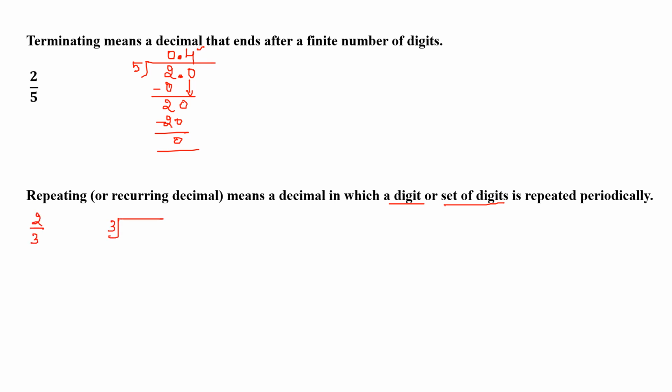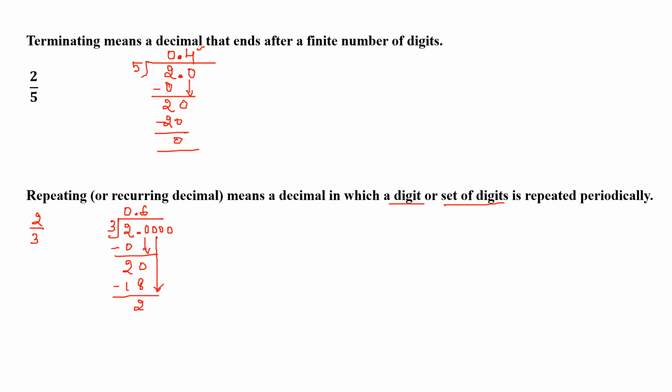3 is the divisor. Okay, now 2 is smaller than the divisor, so I cannot divide it. I am going to put 0. Now 2 can be written as 2.000. Okay, because it is nothing but the equivalent decimal of 2. Now I am going to bring down 0 at a time. So 3 times 6 I am getting 18. Again if I subtract, I am getting 2 as a remainder.